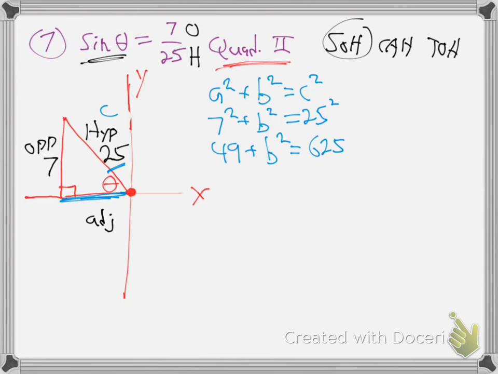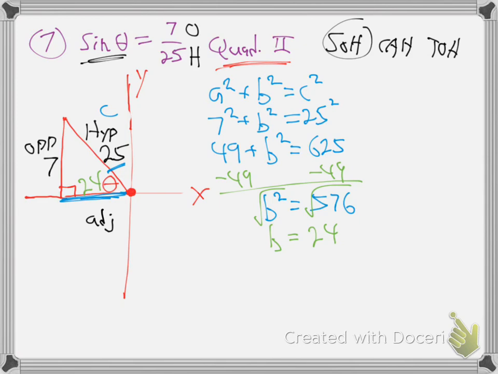What do you do next to solve for b? Subtract 49. Right. And so b squared, is it 576? Yeah. And then root it. Isn't it 24?